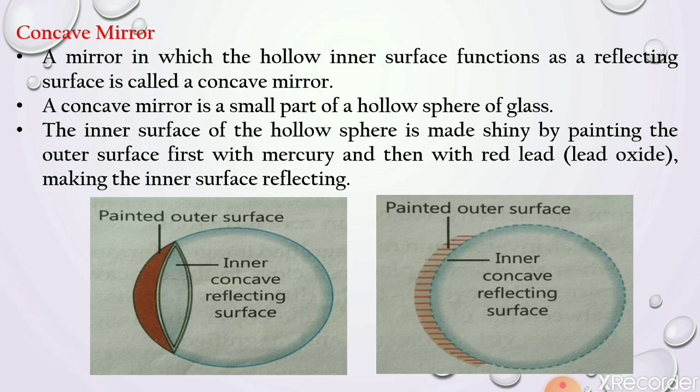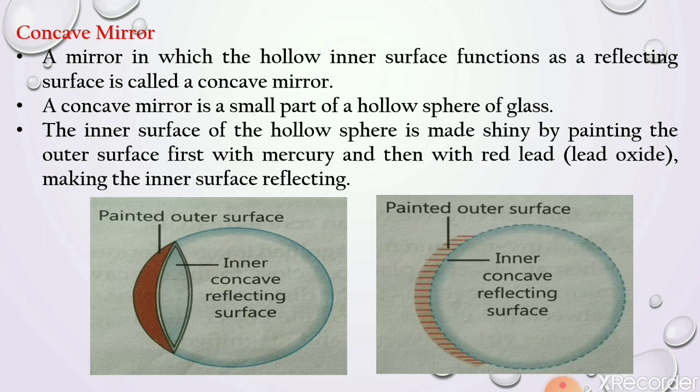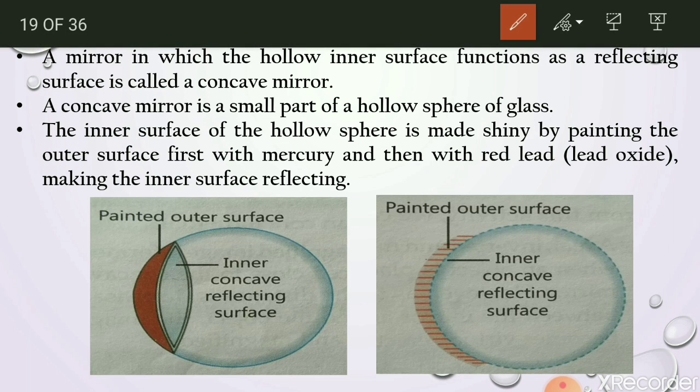So a concave mirror is that spherical mirror in which the reflection of light takes place at the concave surface. As you can see in the diagram here, this is the concave mirror, and this one is also a concave mirror.